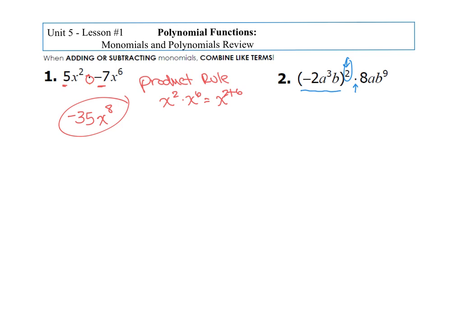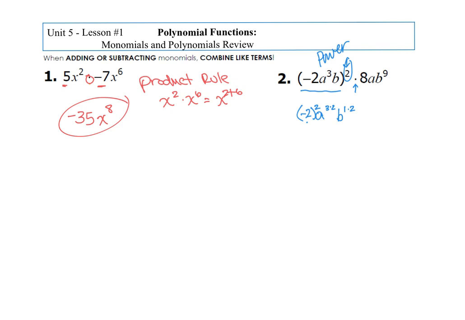So we have to think, what is the number part? This would be negative 2 squared. The regular number was negative 2, and it has to be raised to the power in the regular way. But then all of our variables with their exponents, we apply power rule. So this is power rule right here, and that means we multiply our exponents. So a would be 3 times 2, and b, its exponent right now is 1, and we'll multiply that by 2. So let's see what that simplifies to.